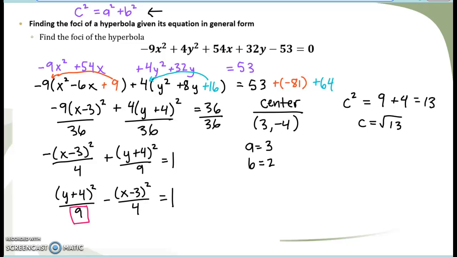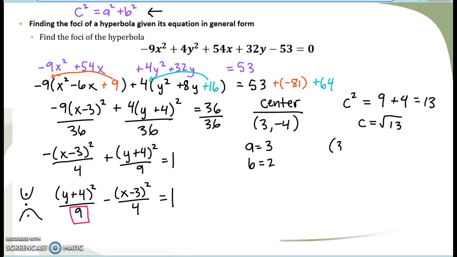Now, because our a squared is over the y term, that means we're going to open up and down like this. That's the direction our hyperbola is going to be, which means we need to add the c value to our y coordinate, because we're moving in an up and down fashion to get to our 2 foci from our center.